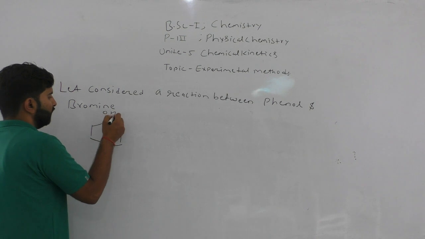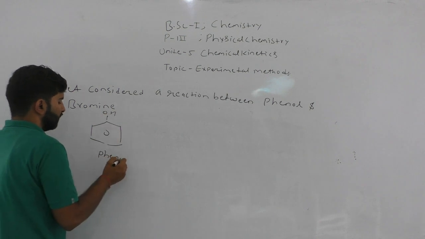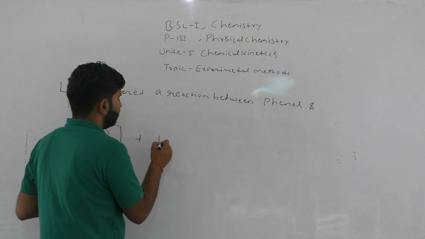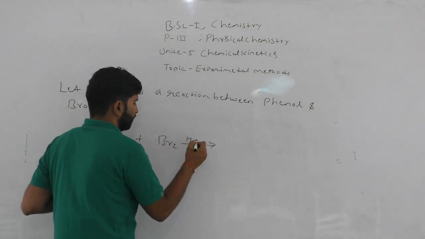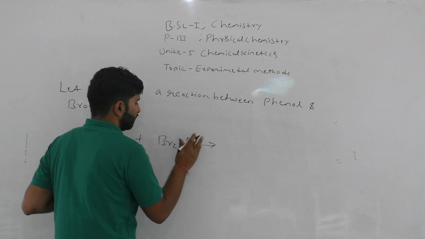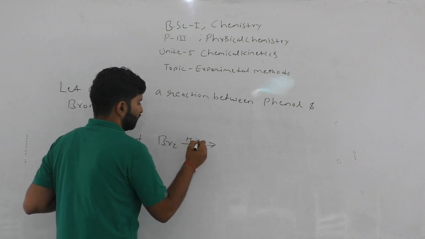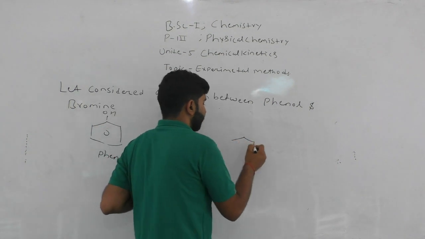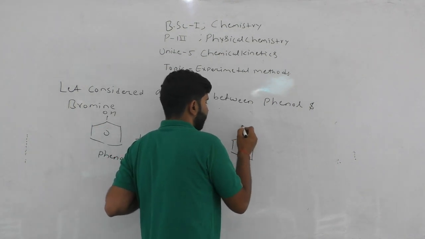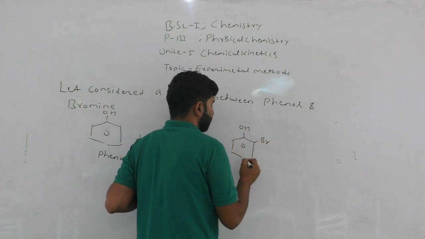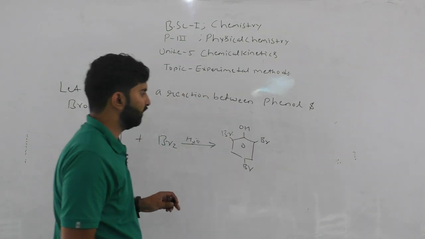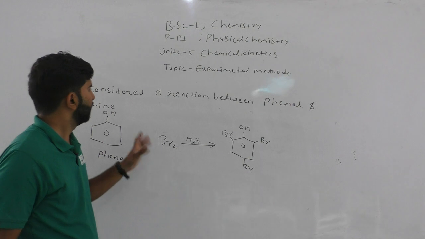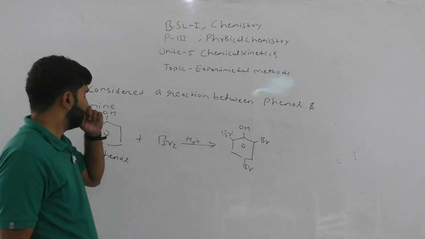This is the phenol, this is the bromine. In this reaction, bromine takes place at 3 positions of the phenol. So, phenol and bromine.